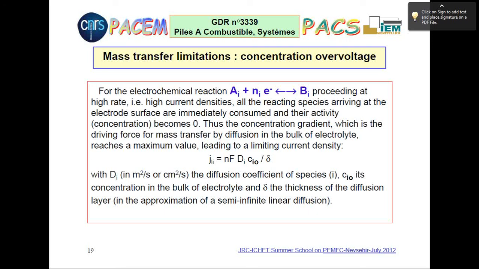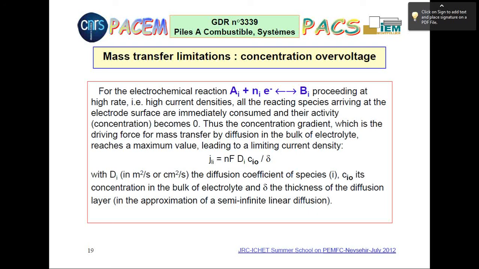These species arrive at the electrode surface by diffusion, as a first approach. So if the rate is increasing, the diffusion must increase. But at the limit, when all the species arrive at the electrode surface, they are consumed. So the concentration at the electrode surface becomes zero. When it is zero, you have the maximum current you can get from your system.